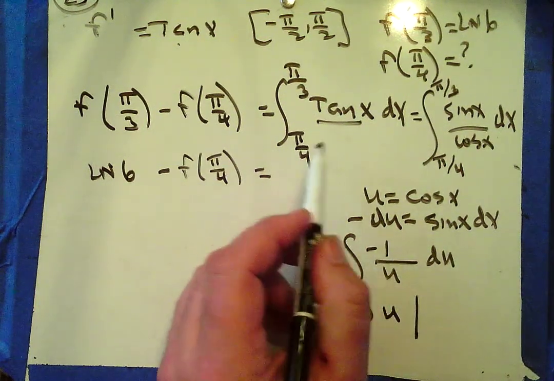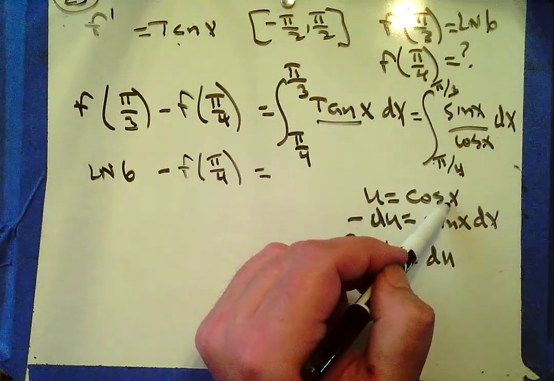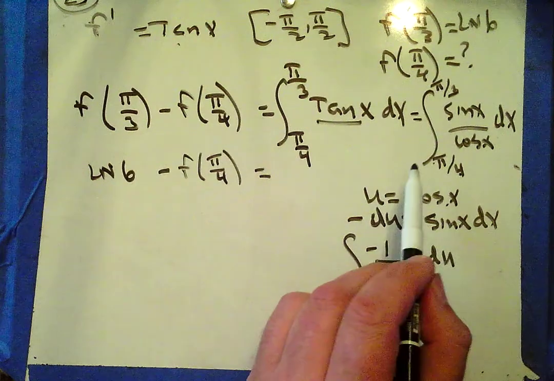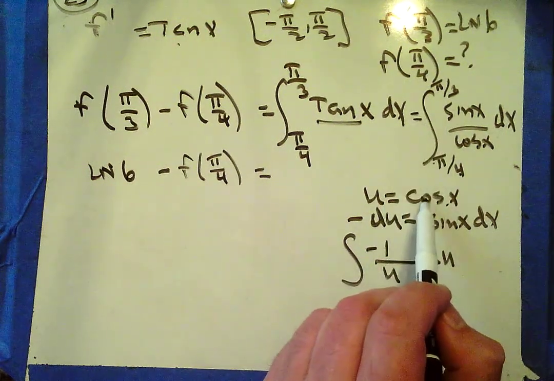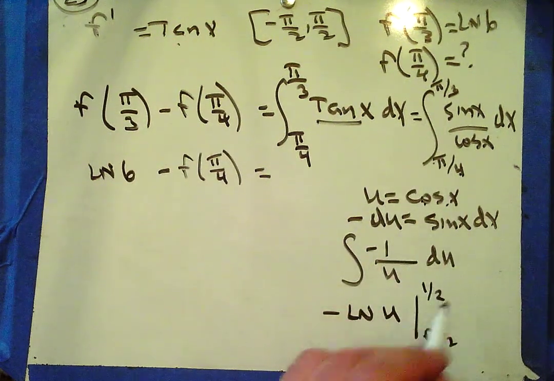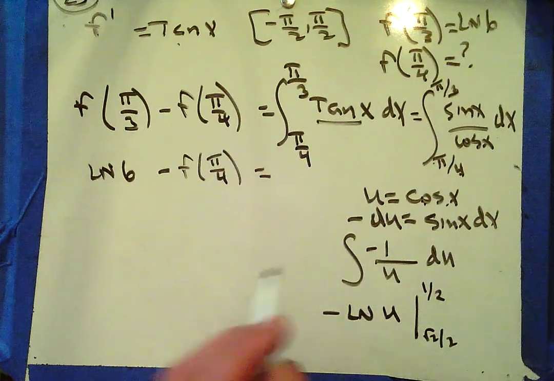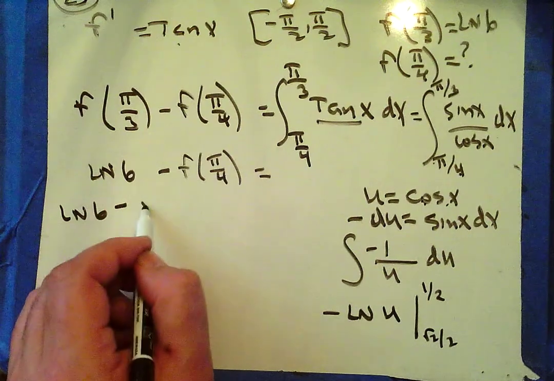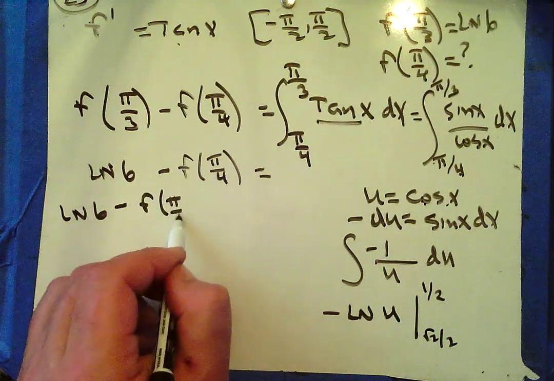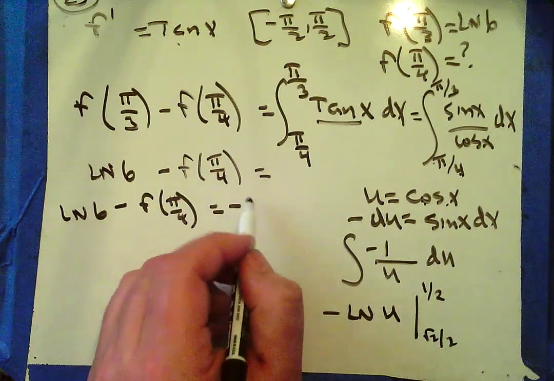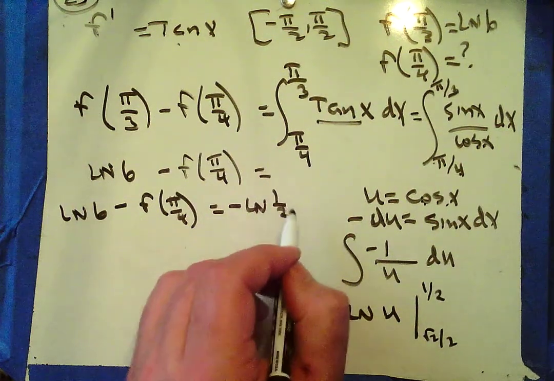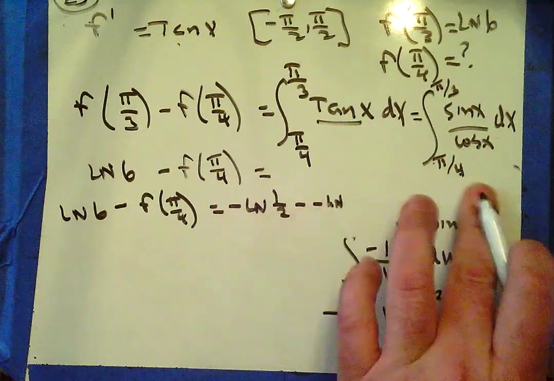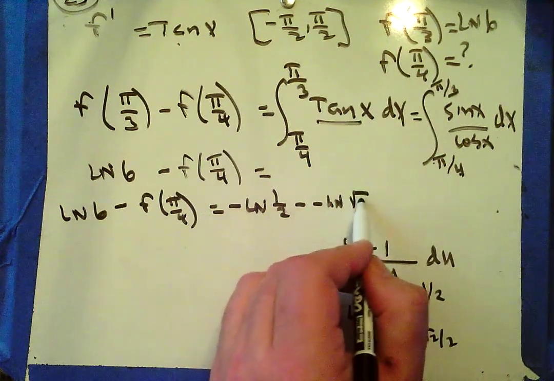And what about some u bounds? If I plug a pi over 4 in here, I get root 2 over 2. And if I plug in a pi over 3 here, cosine of pi over 3 is 1 half. So this is going to be ln 6 minus f of pi over 4 equals negative ln of 1 half minus negative ln of root 2 over 2.